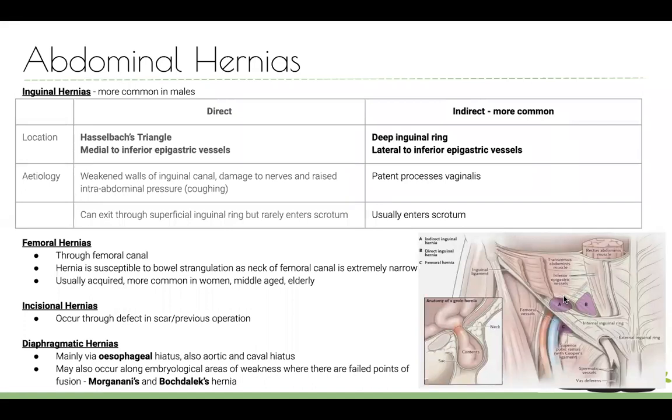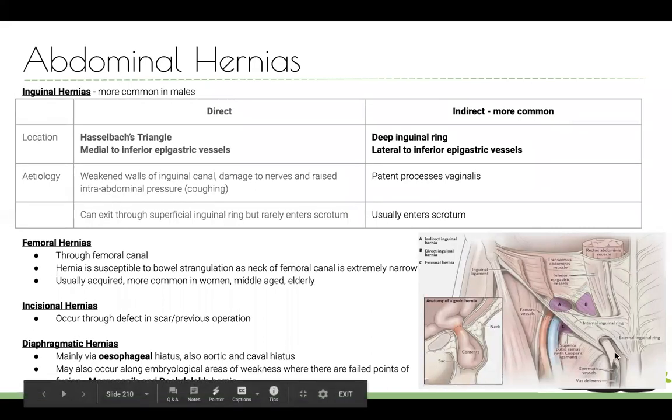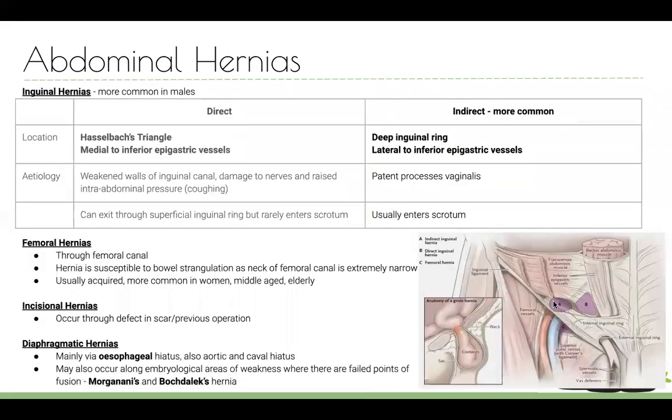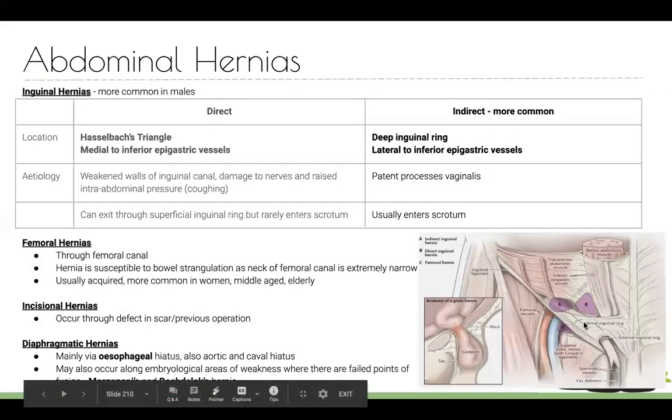So it's passing through your inguinal canal, through the deep inguinal ring. So if these are your inferior epigastric vessels, then your deep inguinal ring, which they've illustrated here for this one, is where it would enter, and then it'll go all the way through your inguinal canal out, and often it might enter the testes or the scrotum.